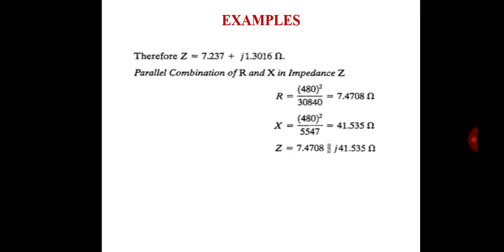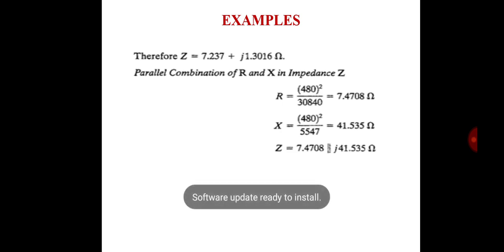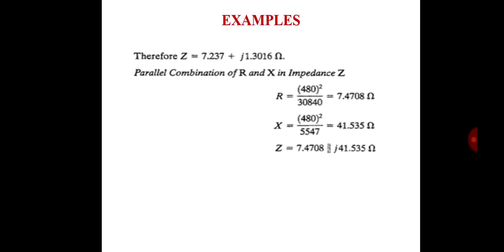Next is the parallel combination. R is equal to V square by, taking only the magnitude, the total real power P. X is equal to V square by Q, and Z is equal to R plus jX, meaning R and X are in parallel.